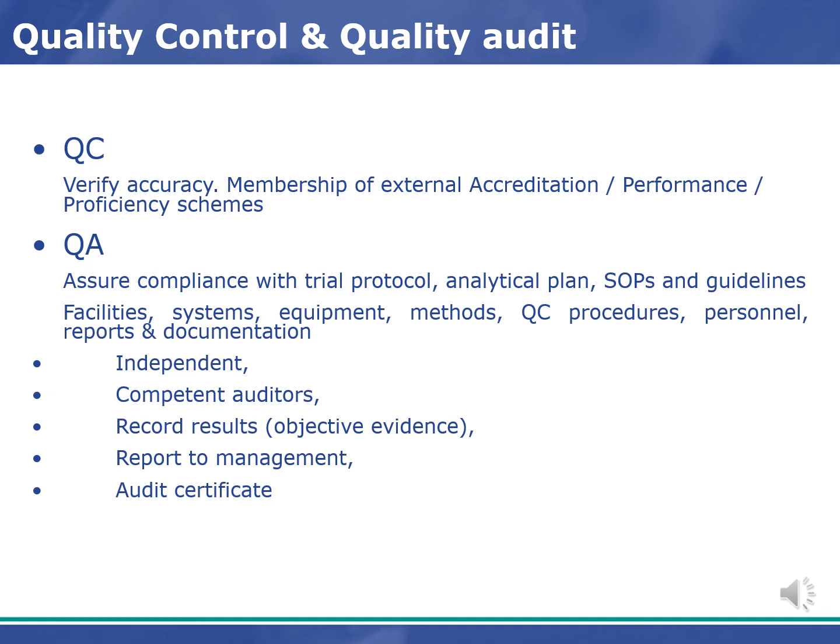Quality assurance is something totally different, although part of it is to check that a QC process is in place. Quality assurance is ensuring compliance with the trial protocol, the analytical plan, the SOPs, and guidelines. It also includes the facility, system, equipment, method, QC processes, personnel, and documentation in its audits.